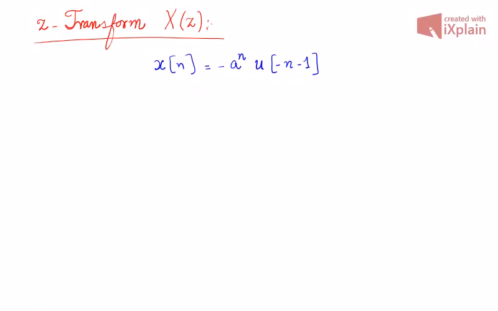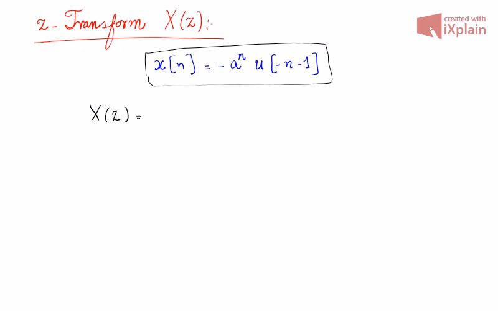In this video, we will find the z transform of x of n, and x of n is given in this expression. So let's try to find the z transform. First of all, let me write the expression for the z transform.